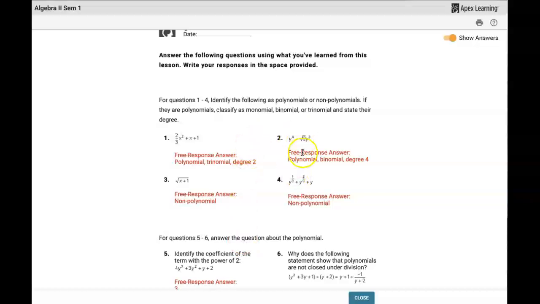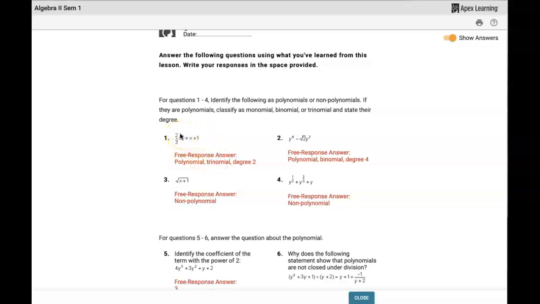Let's look at one that's not. This is not a polynomial because you've got the square root of x. This one is also not a polynomial because you have powers that are fractions, and that violates one of our rules.